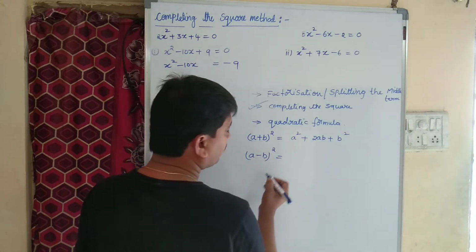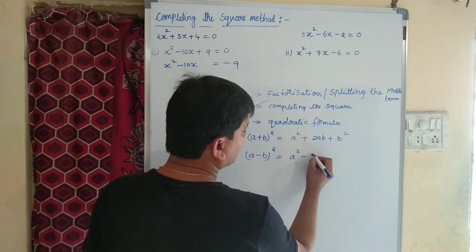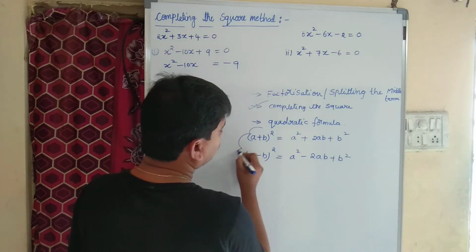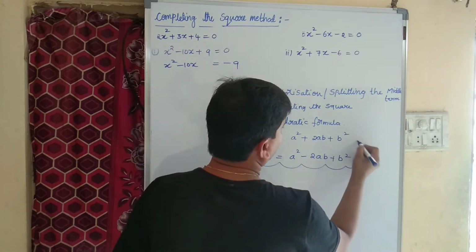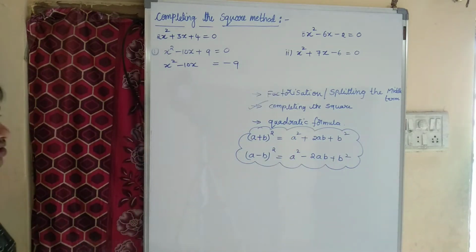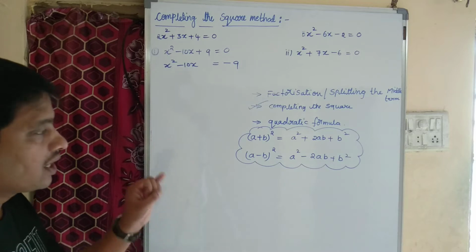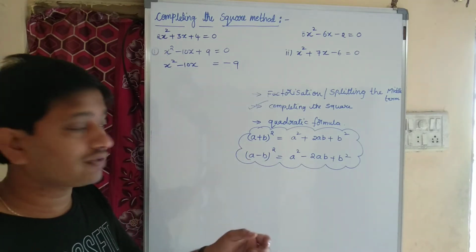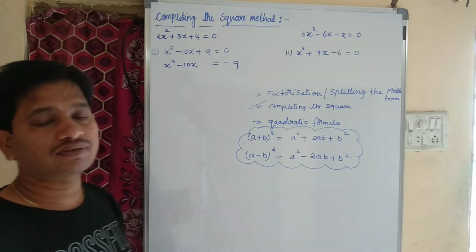And what is the formula of a minus b whole square? a square minus 2ab plus b square. We will use these two formulas when we are solving roots of the quadratic equation by using the completing the square method. The first formula is a plus b whole square, a square plus 2ab plus b square. Second formula is a minus b whole square, a square minus 2ab plus b square.